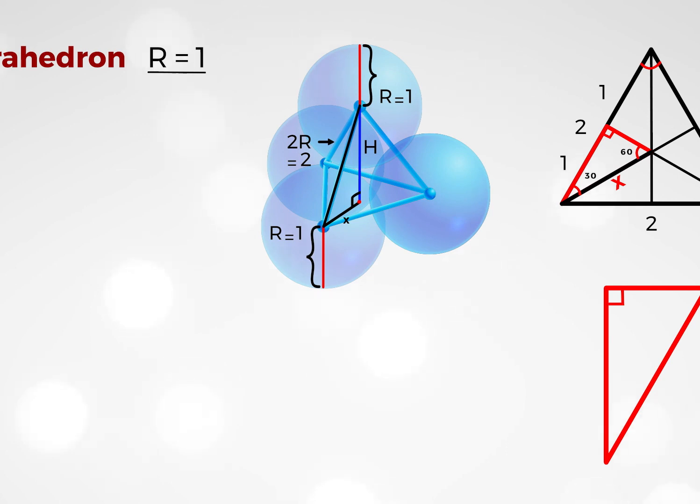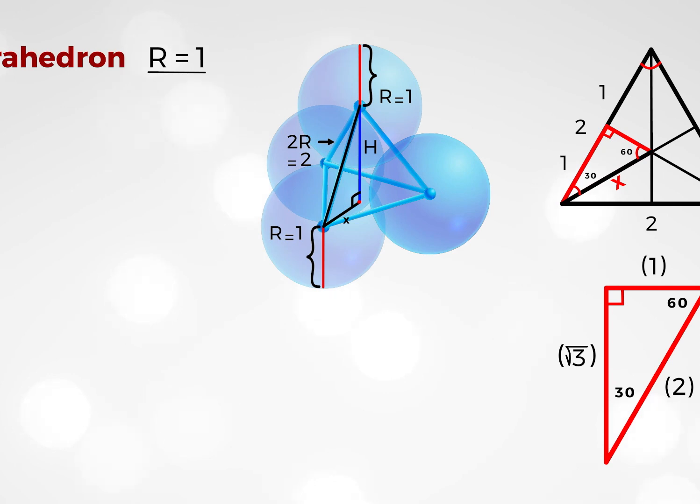This is 90, this is 60, this is 30. And do you remember the relationship of the sides in a 30, 60, 90 triangle? They have a ratio of 1, 2, and root 3. All 30, 60, 90 triangles have 1, 2, and root 3 as the ratio of their sides.